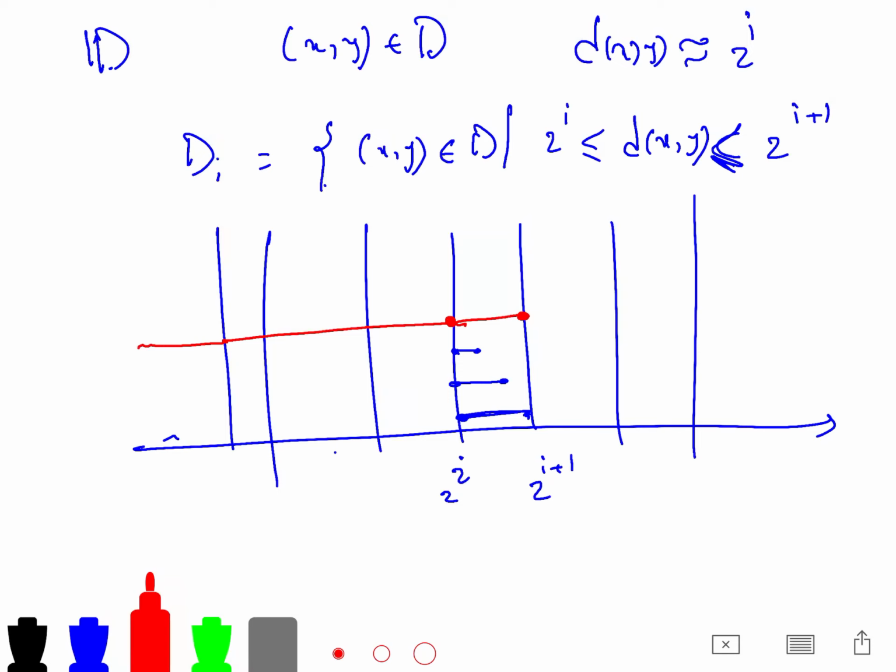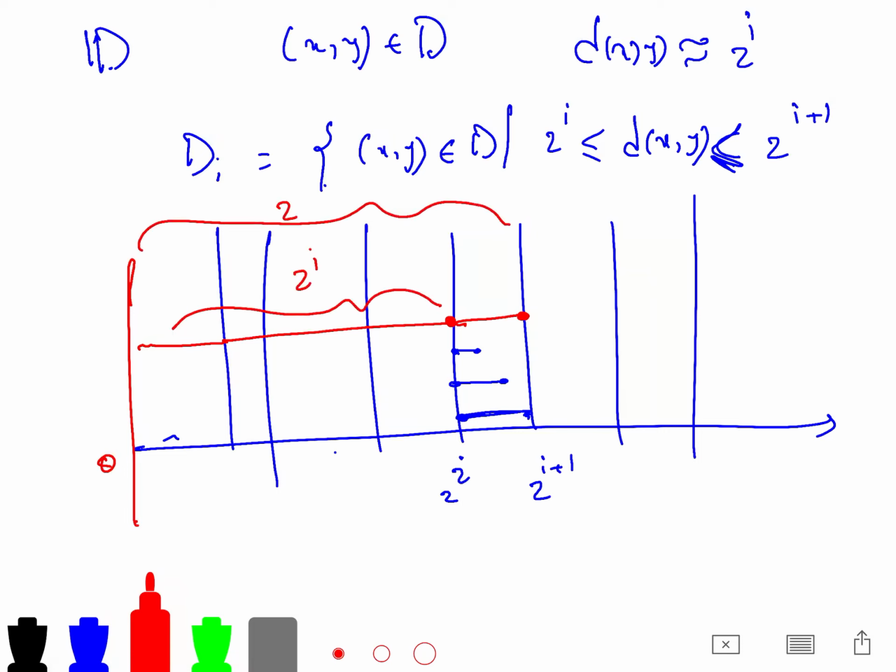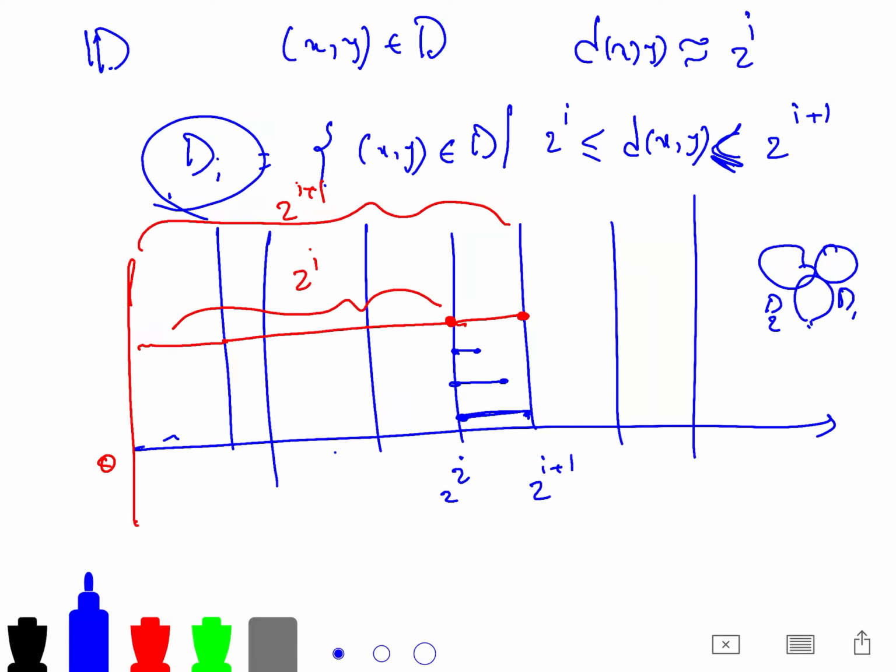If you have a reference point 0, their distance here is 2 to the i, and here is 2 to the i plus 1. So we are trying to partition all of your vertices and terminal pairs into spaces D_i, such that this is D1, this is D2, so you have many different scales.